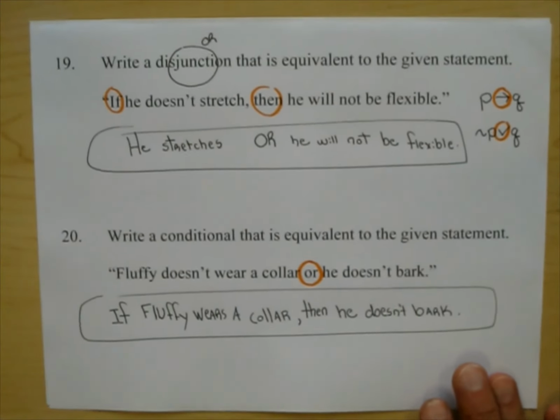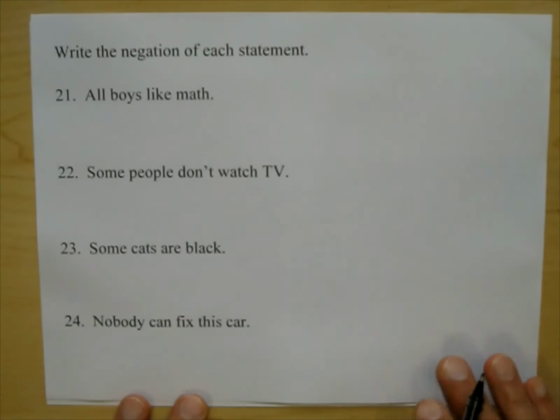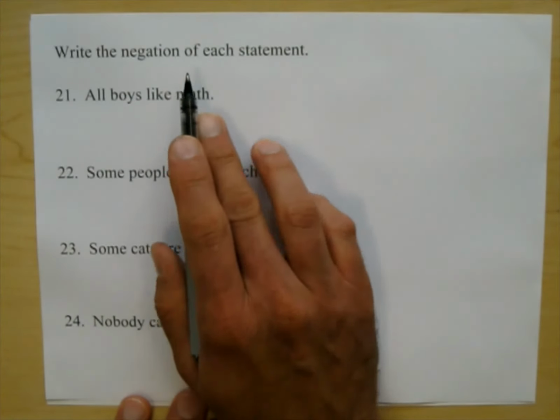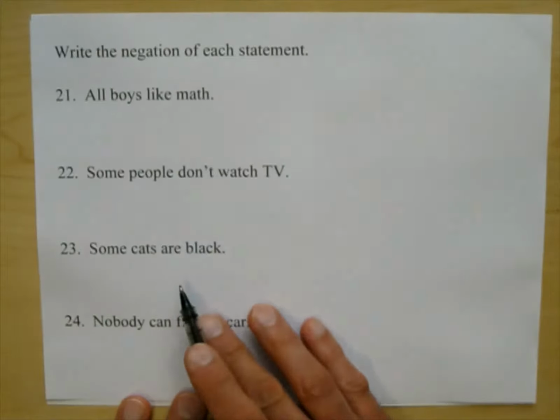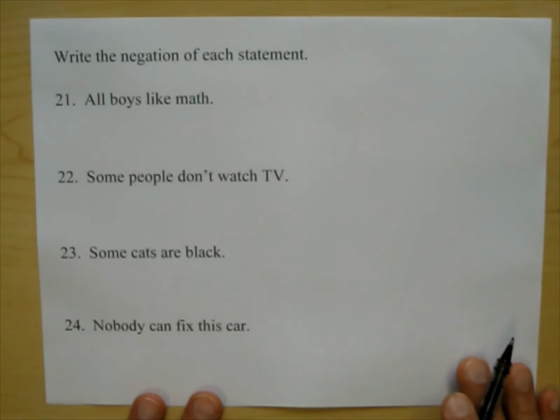Let's go ahead and do problem number 21. Problem number 21 asks us to write the negation of all boys like math. Okay? Or in fact, we are writing the negation of the next 8 statements. All boys like math.